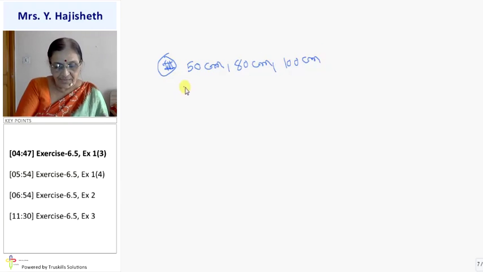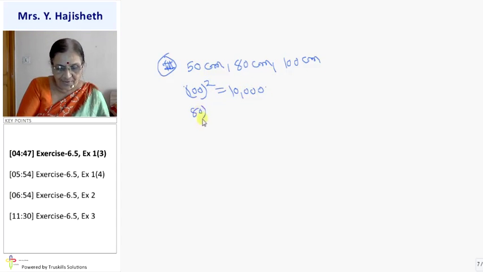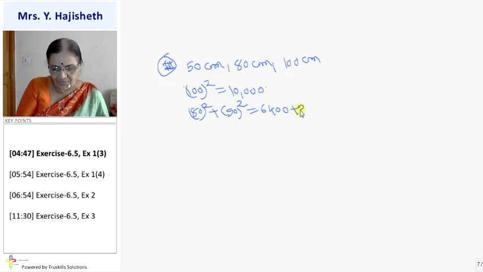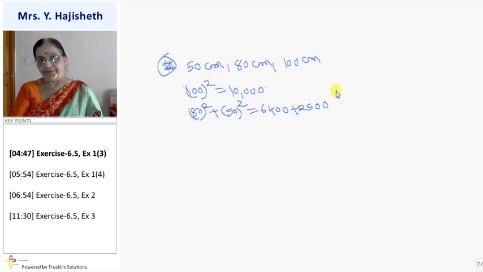See, 100 square is 10,000. And 80 square plus 50 square is 6400 plus 2500, which is 8900.